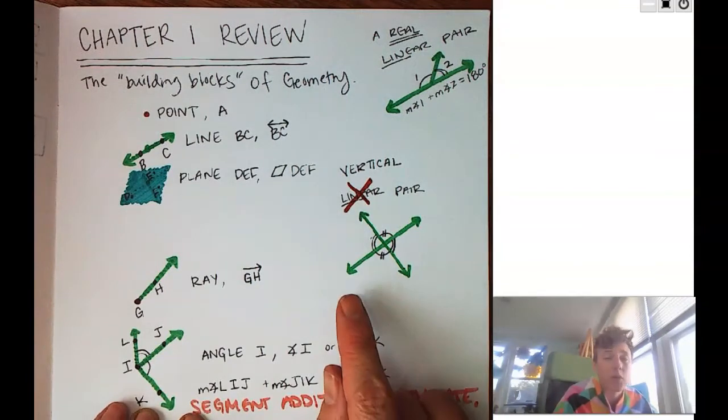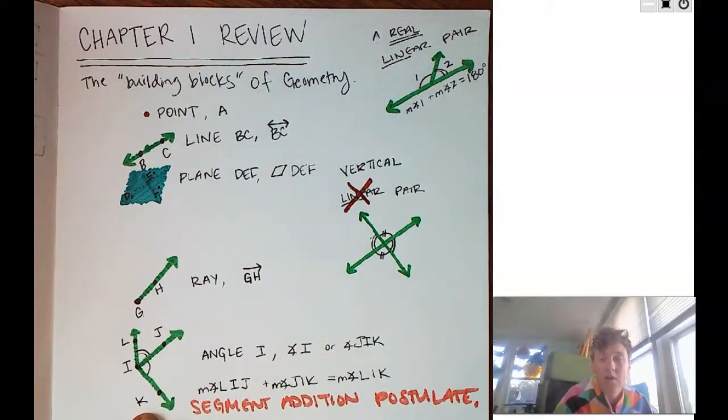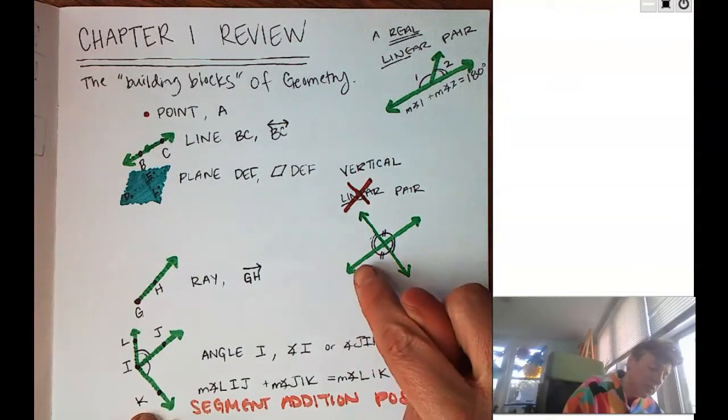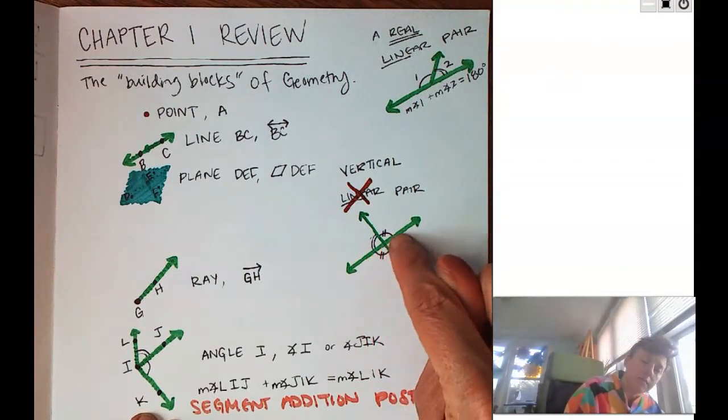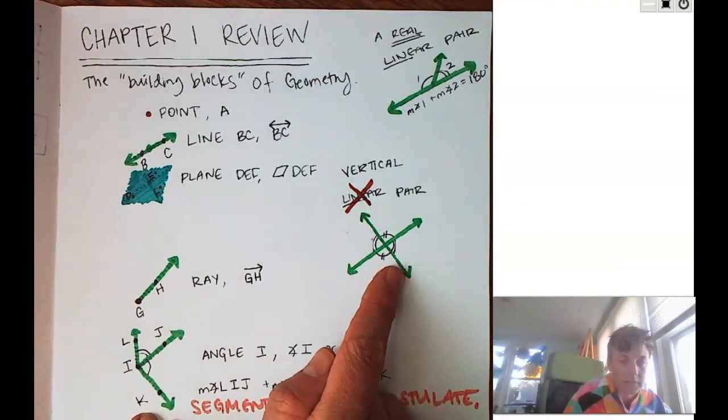Now actually, if we go back to these vertical pair examples, which are the angles that are congruent to each other, that are across from each other when two lines cross, there are a bunch of linear pairs in this picture too. Any two angles that together make a straight line are a linear pair.